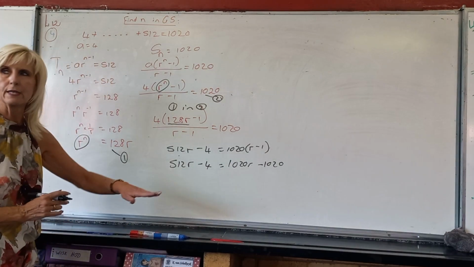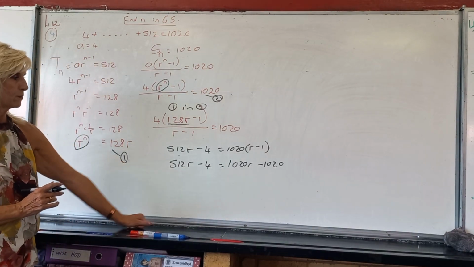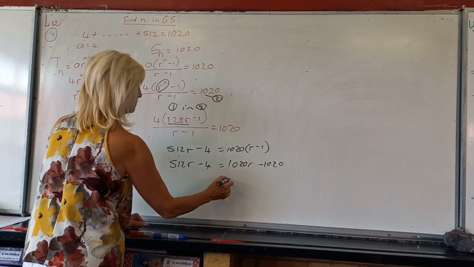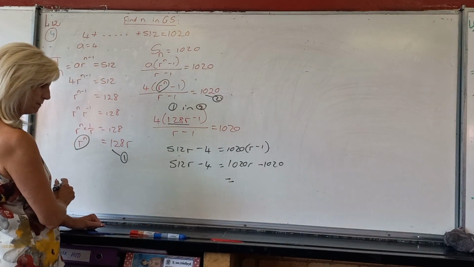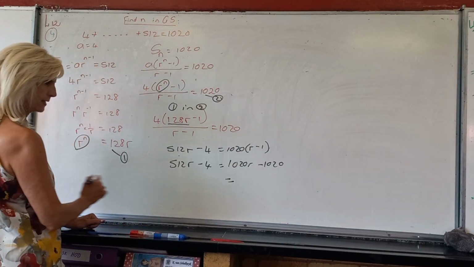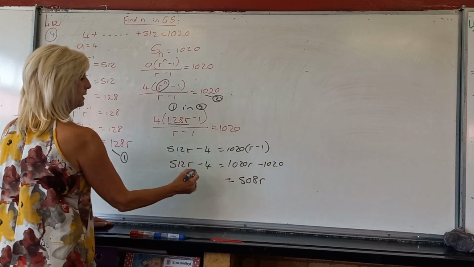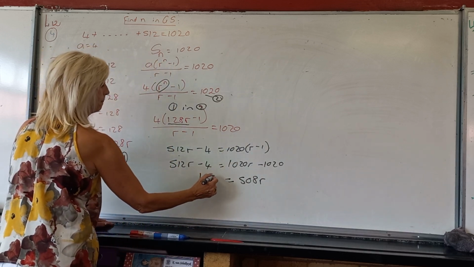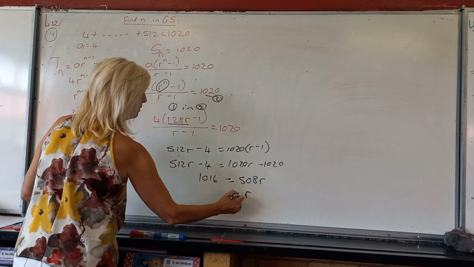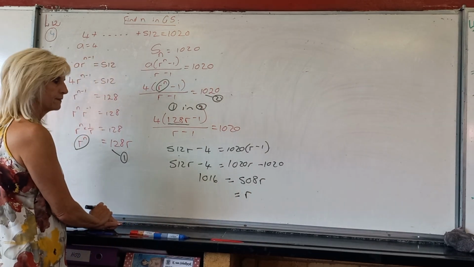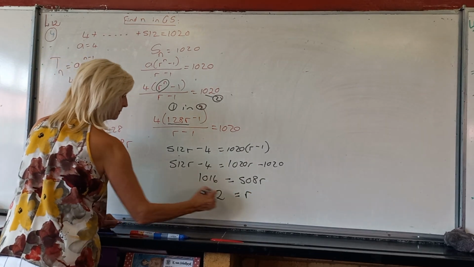I've definitely got a linear equation here. Let's get them all together. So this is going to be how much? 508R, and this will be 1016. And to get R alone, divide by 508. R is 2.